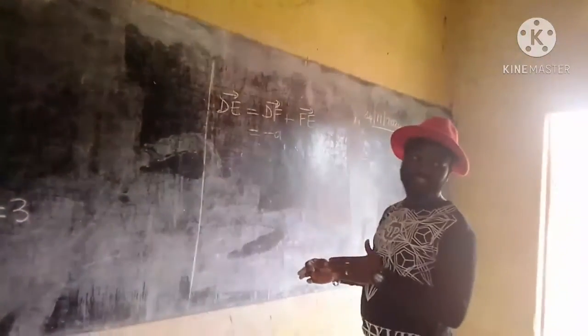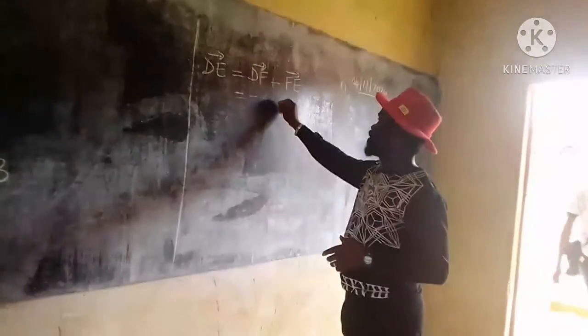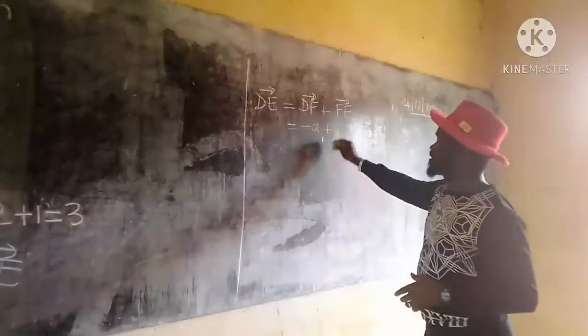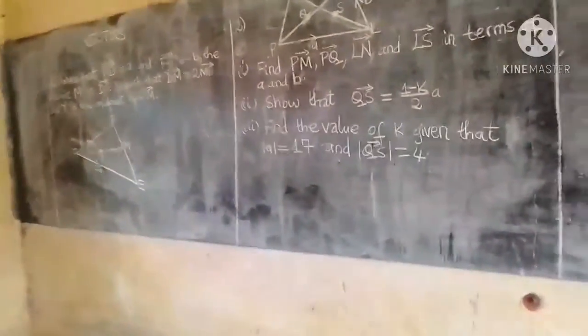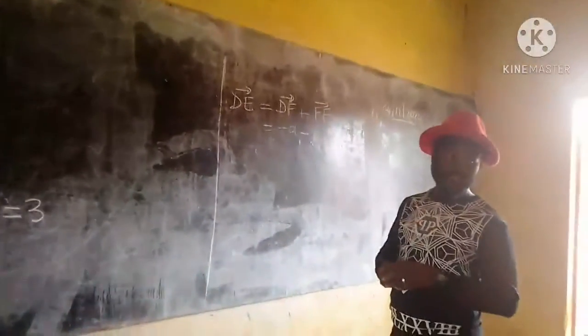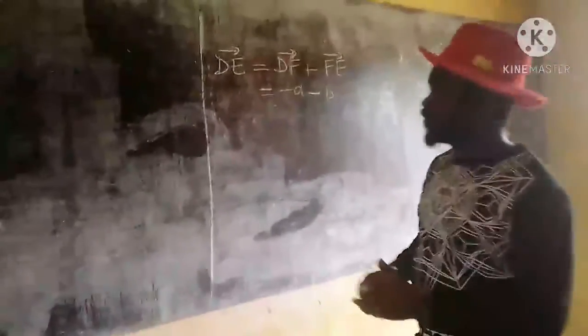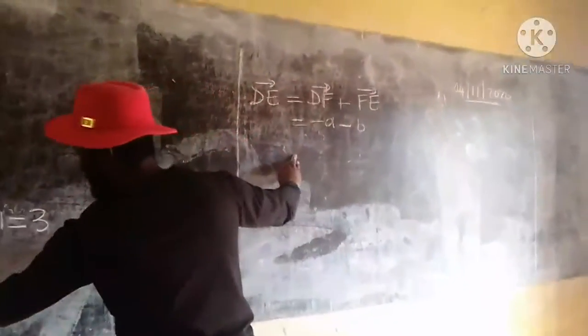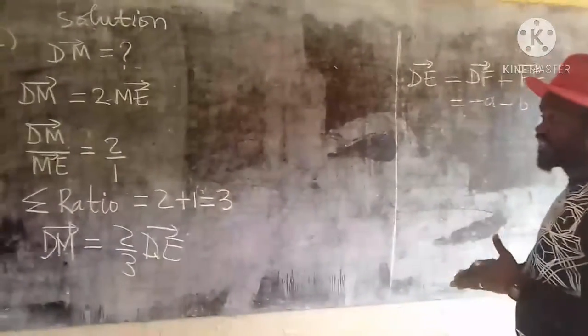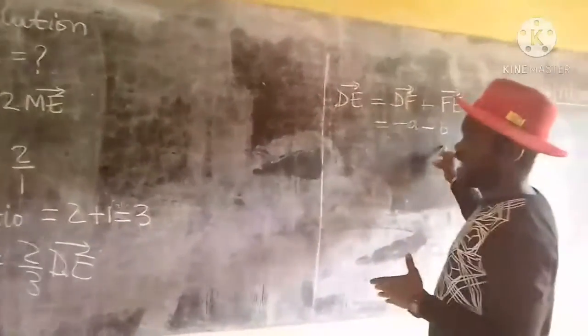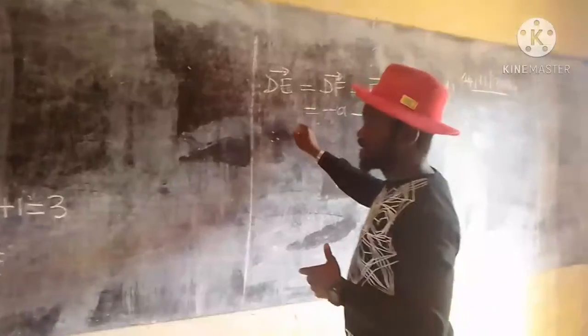FE is in the right direction, so it's going to be positive b. But initially, it was given as negative, so it remains negative. So we have negative b. Now you discover that we have got our DE. So we can now express DM in terms of a and b.